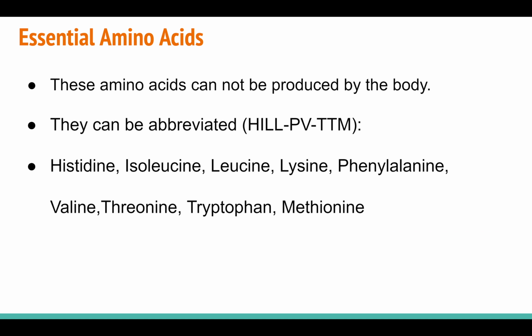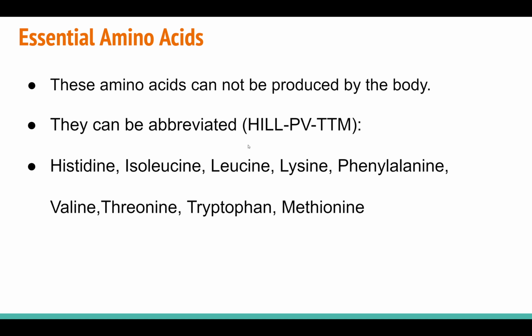So for the human body to obtain the essential amino acids, we have to obtain them via the food that we eat. And some of the foods that are very rich in these essential amino acids are animal proteins such as poultry, meat, and you can name the rest. And here is an abbreviation that will help us to remember these essential amino acids.